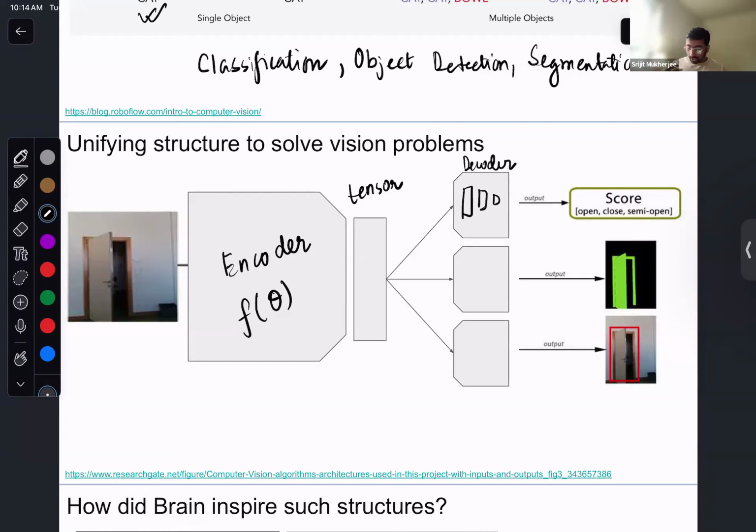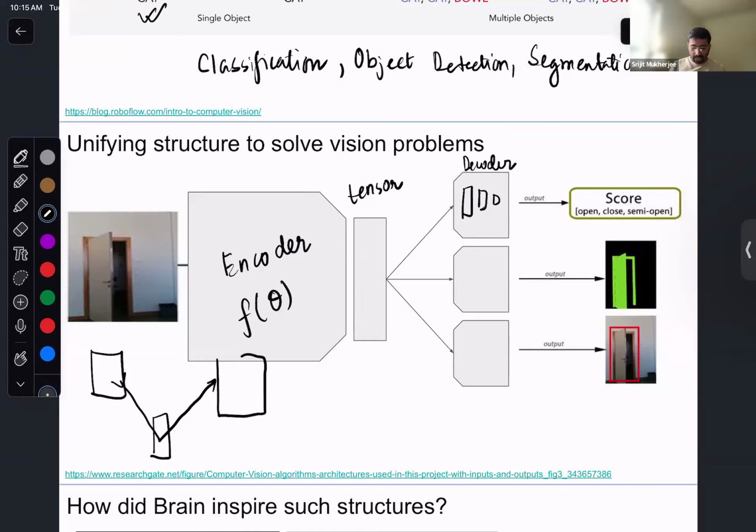When you want to do segmentation or object detection, what you need is the full scale of the image. So often there's a U kind of structure, where you encode to a low number of features and then decode to get the full spatial resolution of the image.